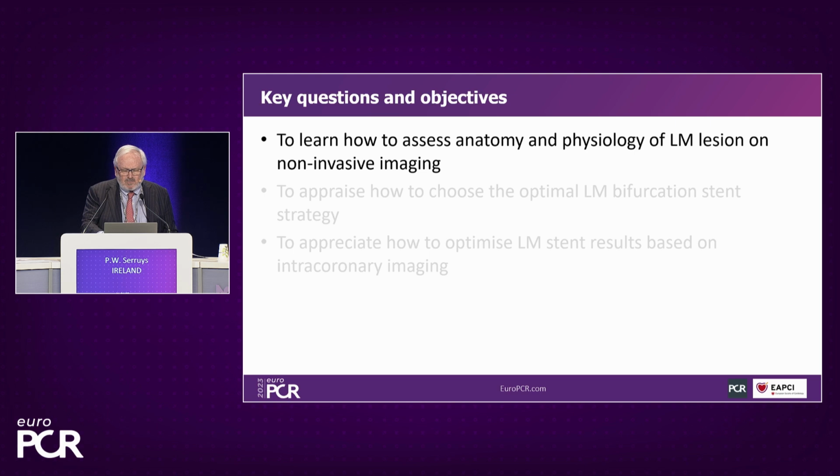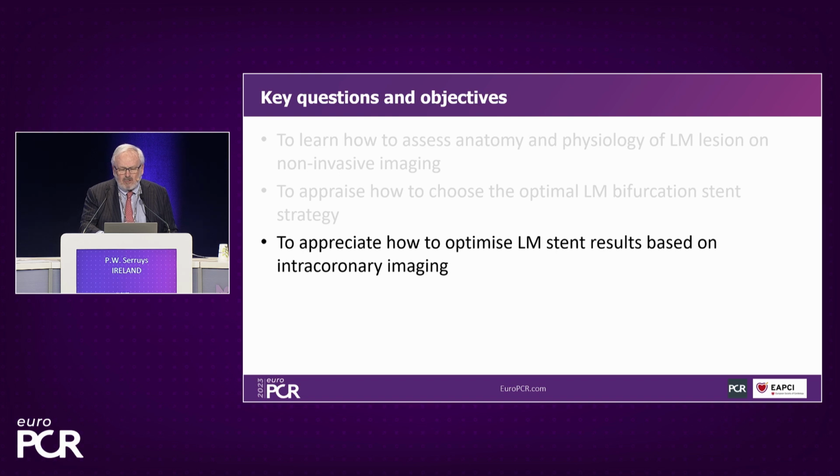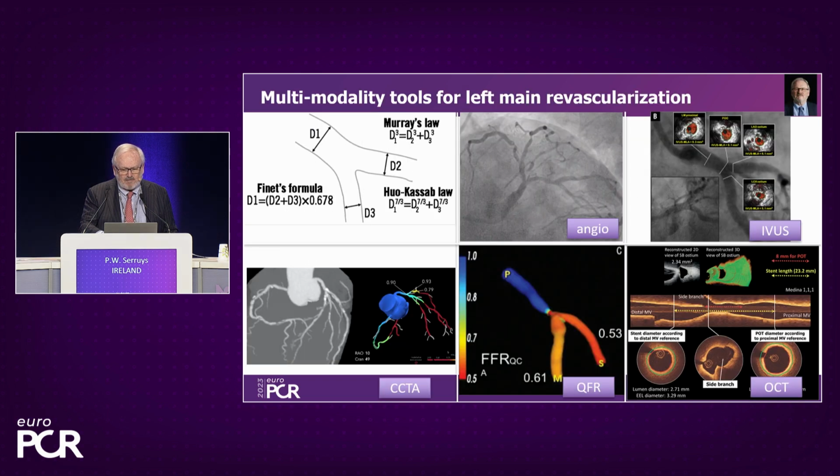The key question and objective of today is to learn how to assess anatomy and physiology of left main lesion on non-invasive imaging, to appraise how to choose the optimal left main bifurcation stent strategy, and to appreciate how to optimize left main stent results based on intracoronary imaging.